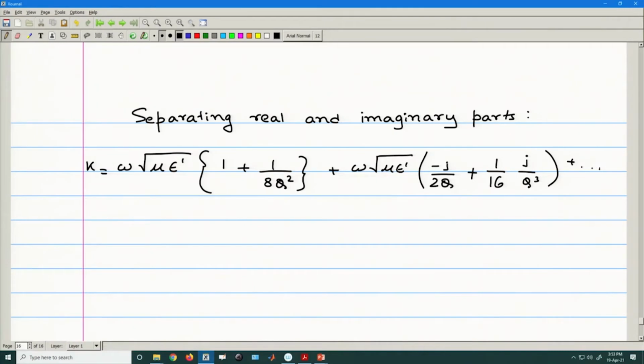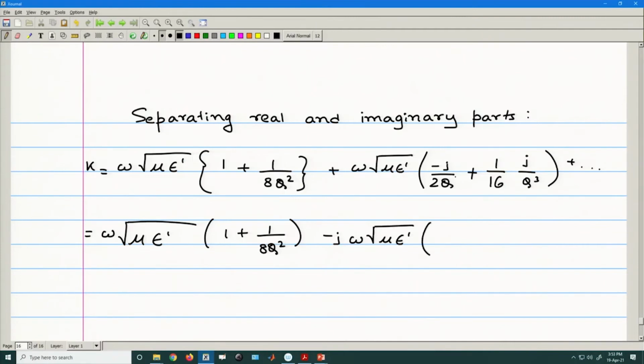So we will write it as omega mu epsilon prime 1 plus 1 by 8q square. So minus j will take it outside. So minus j omega mu epsilon prime, so minus j comes out.